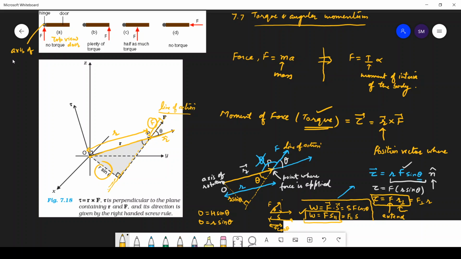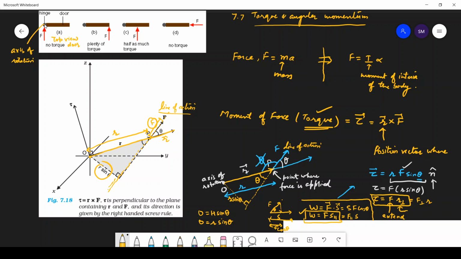The axis of rotation is perpendicular to the plane of the paper.